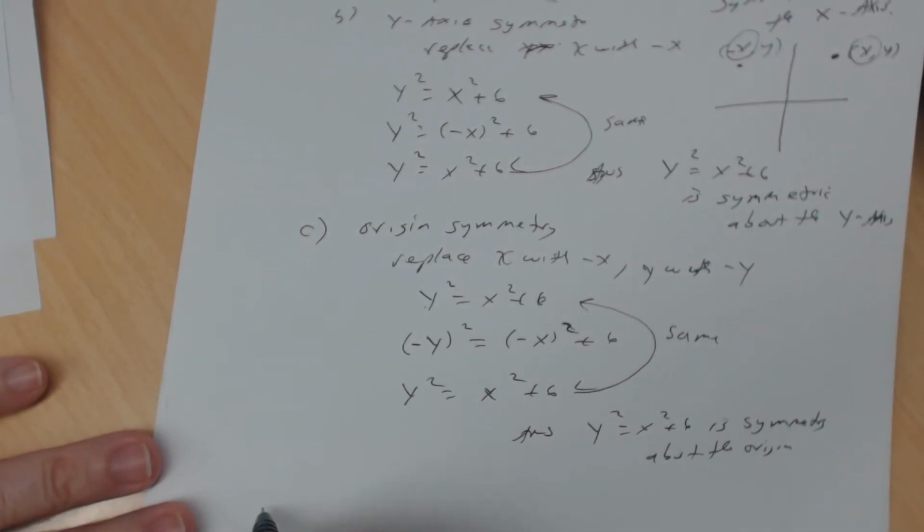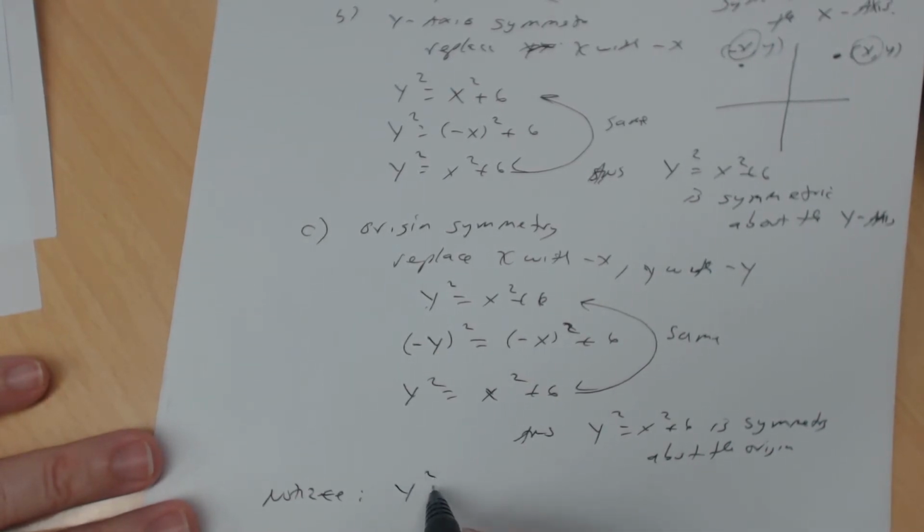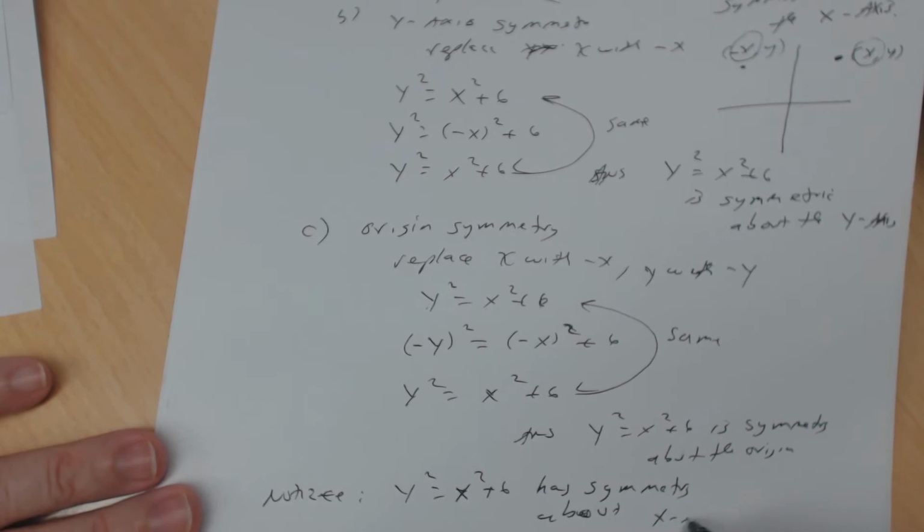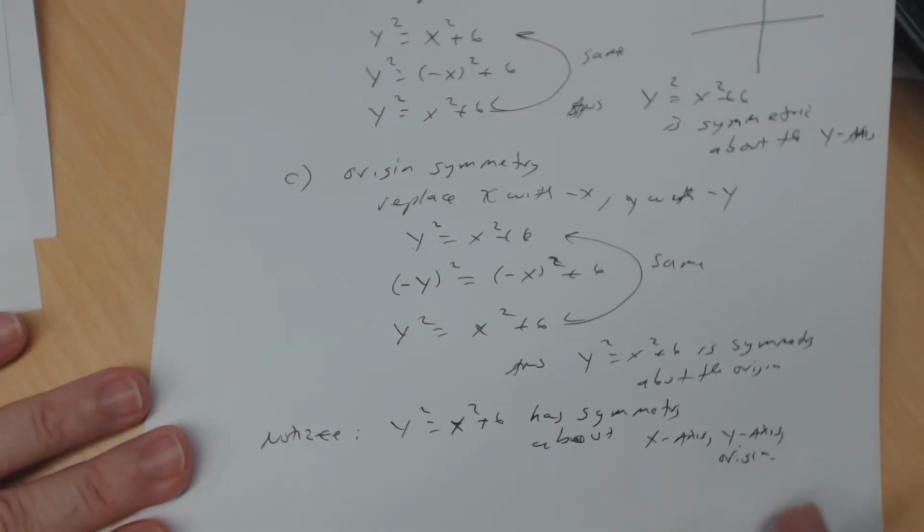So notice that y squared equal x squared plus 6 has symmetry about the x-axis, y-axis, and origin.